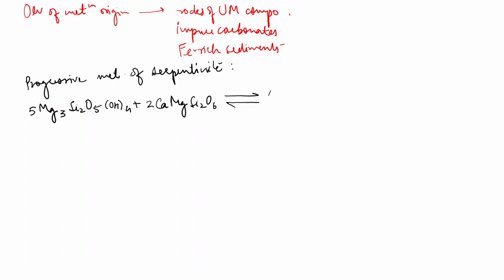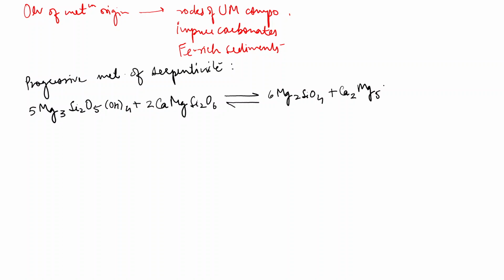Now 6Mg2SiO4. Don't bother with the balancing of the reactions, just write the reactions correctly. Even if you don't remember the chemical composition properly, I'll write the names of the minerals. Just remember those. They are more than enough to fetch you good marks.